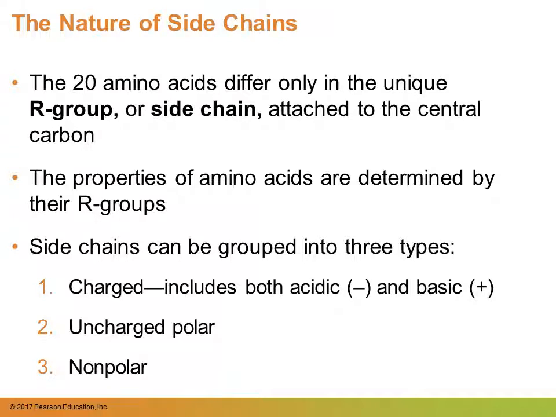Okay, going back to what makes every single amino acid unique: it is the R group or the side chain. So if you look in your book, you'll see the 20 amino acids and how they differ truly is by this side chain known as the R group. So the side chain can be charged, uncharged, and polar or nonpolar.